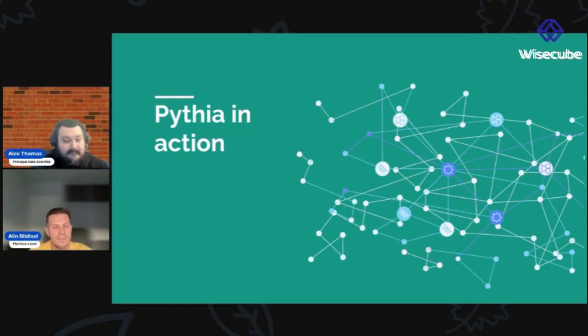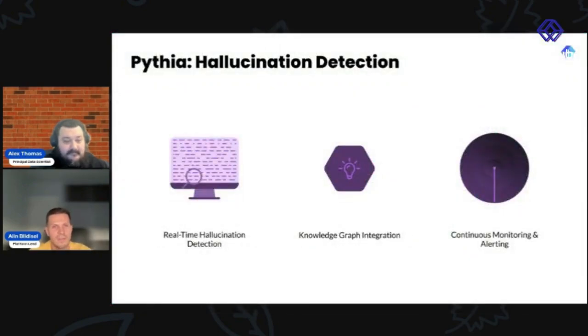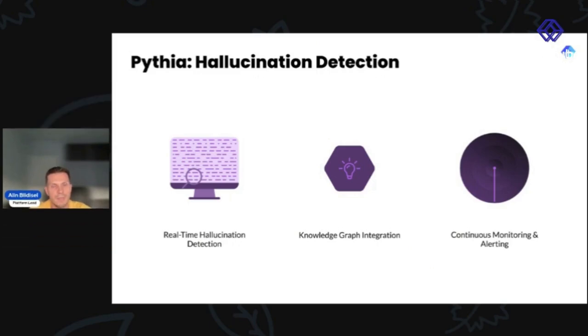As the first step, I would like to present the main responsibilities that Pythia has introduced and will take care of. It will take care of real-time hallucination detection, using the knowledge graph as the main part to detect that.